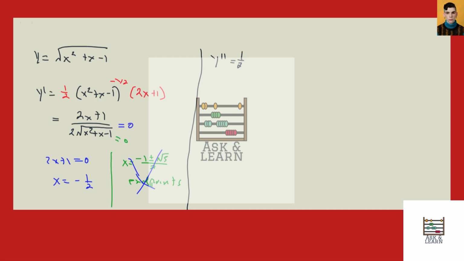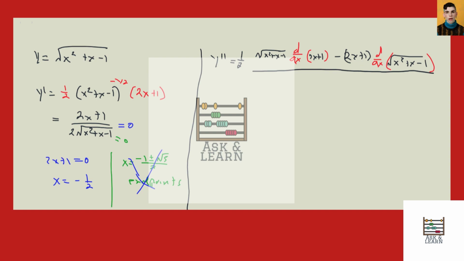Quotient rule is going to be low, so x squared plus x minus 1 times the derivative of what's in our numerator, 2x plus 1, minus them in the opposite order, 2x plus 1 times the derivative of the square root of x squared plus x minus 1, all over what we have in the denominator squared, so x squared plus x minus 1.